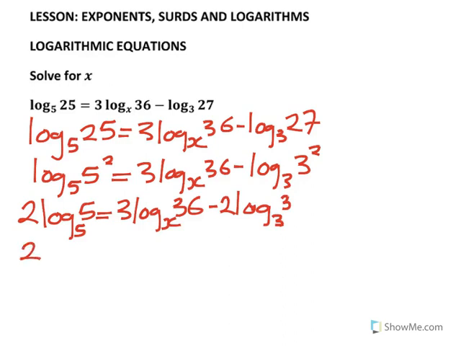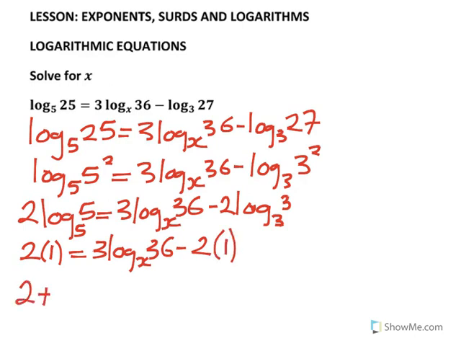Now, you're going to have 2 times 1 is equal to 3 log base of x of 36 minus 2 times 1. So if you take this 2 on the other side, you're going to have 2 plus 2 is equal to 3 log base of x of 36.